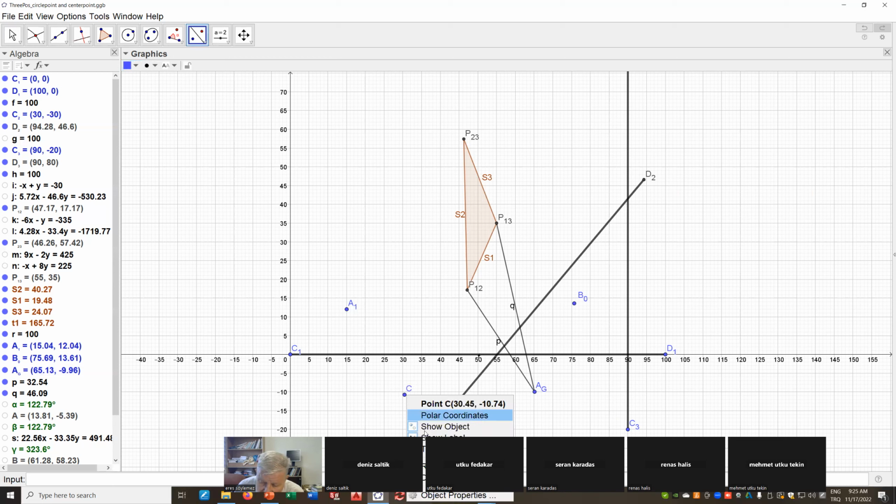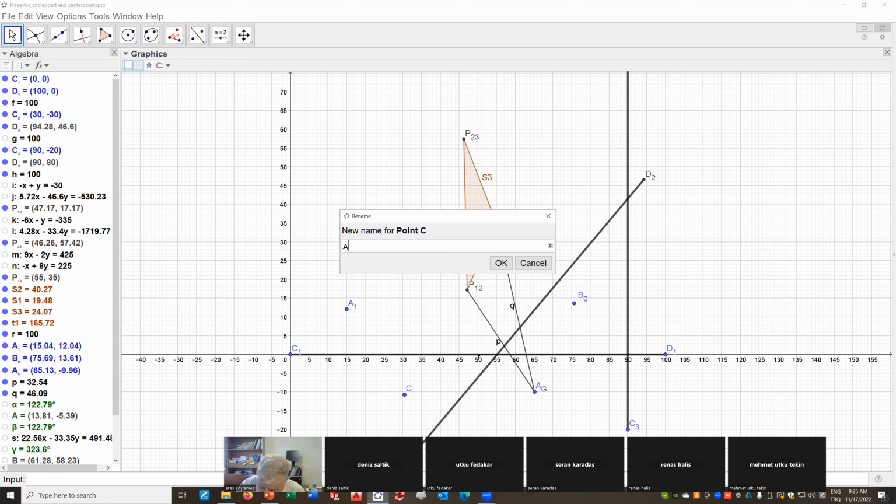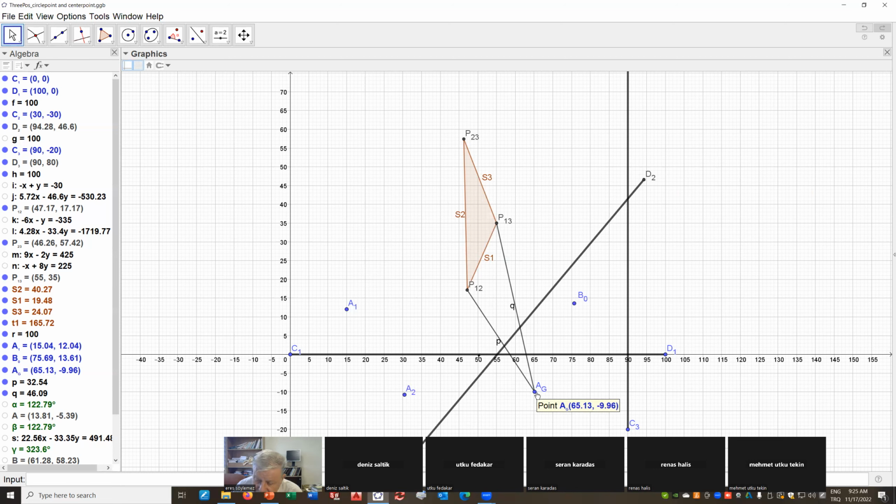This is going to be A2. I'm doing the same thing twice. Take the image of AG with respect to side 3.